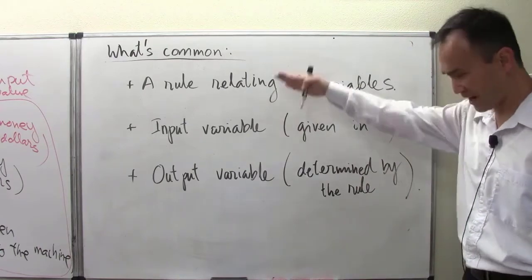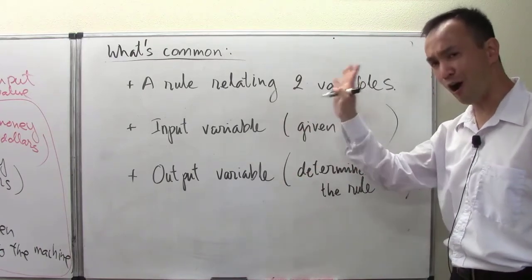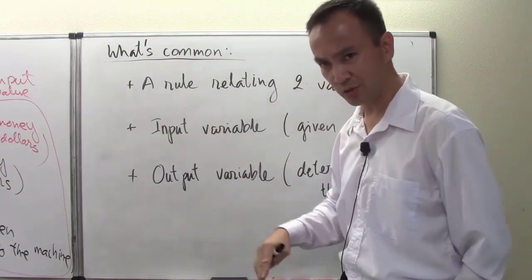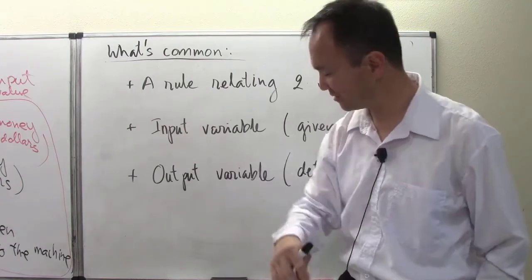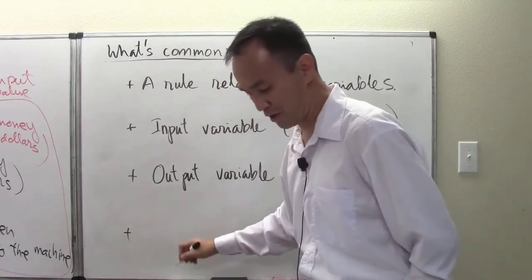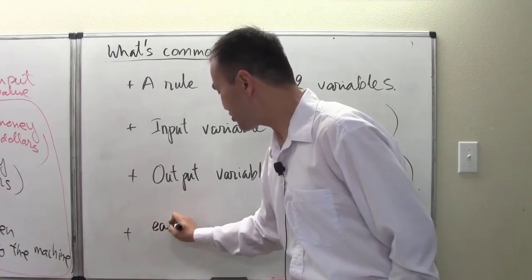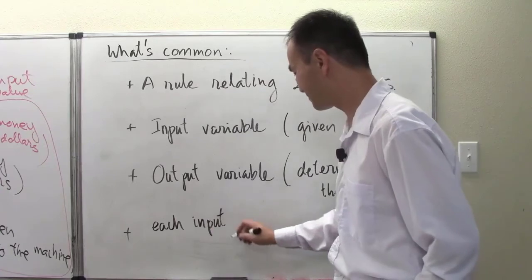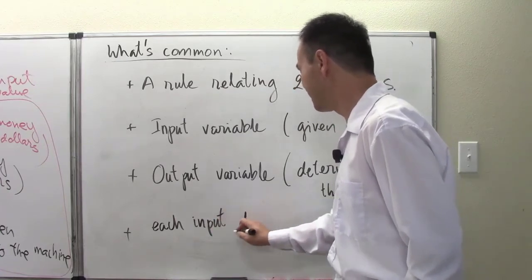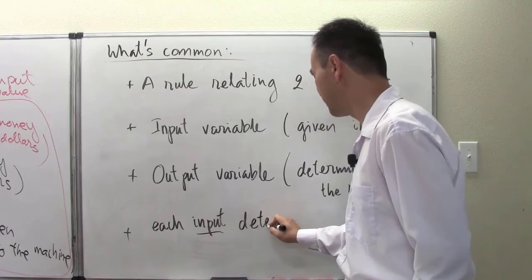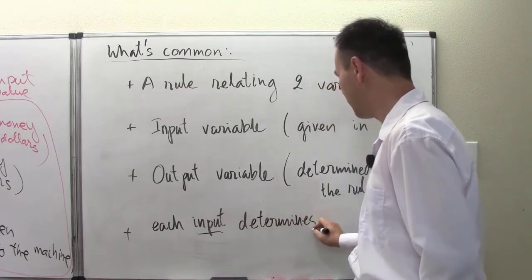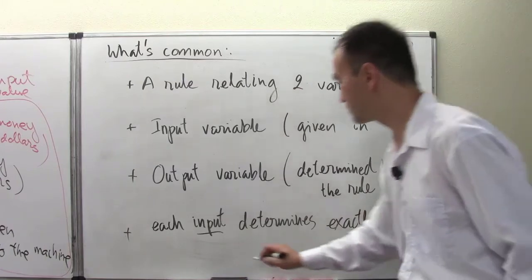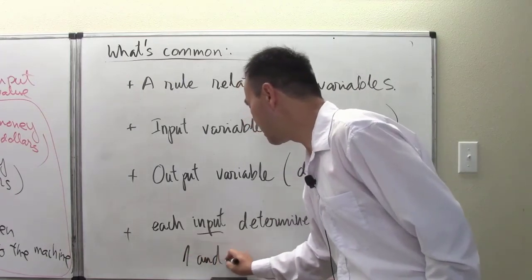But I wrote these 3 down earlier, and that's not all the things that are common between the 3 examples. There's one more that I just now brought out. Each input determines just exactly one and only one output.